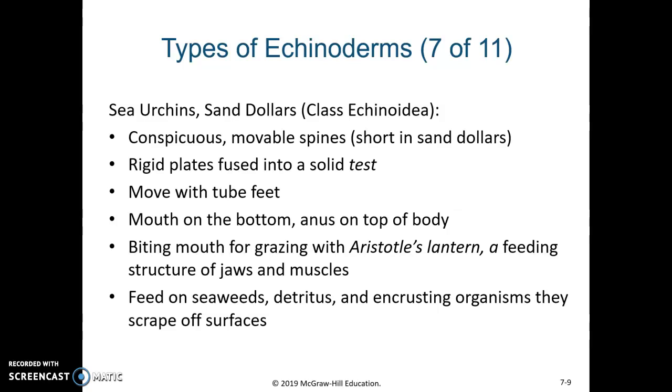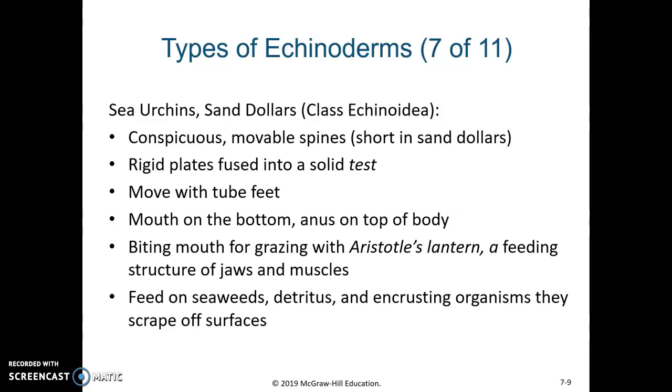So they have rigid plates. This is what's really different: you're not going to see this movement of arms or anything. They actually have those 5 arms, but the 5 arms have now come up, and they're formed into fused rigid plates, and those are called a test. So their body is basically a solid test.